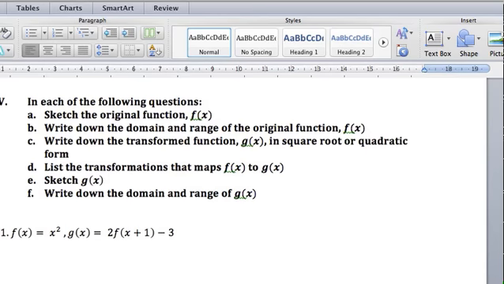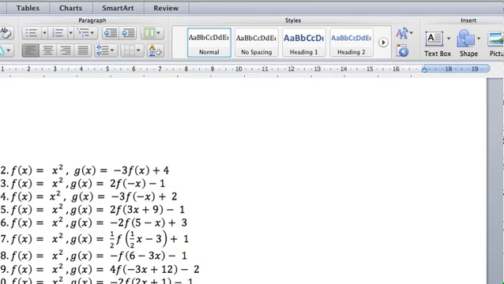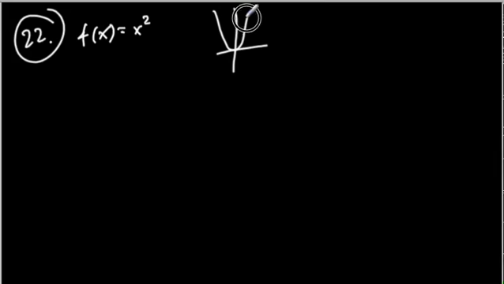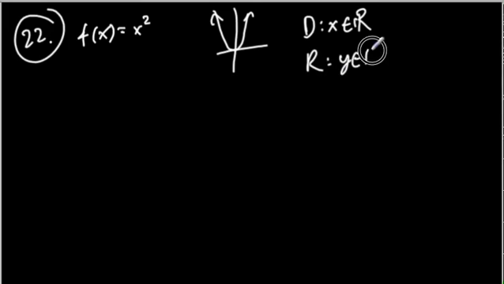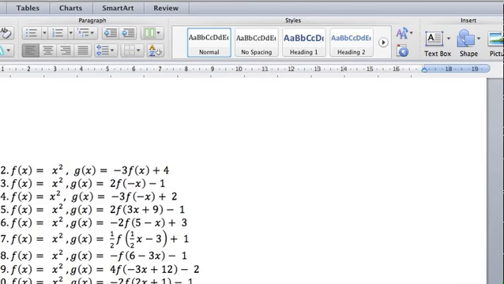Let's do number 22: -3 f of x plus 4. Okay, so this is the same as before. So g of x is -3 f of x plus 4.